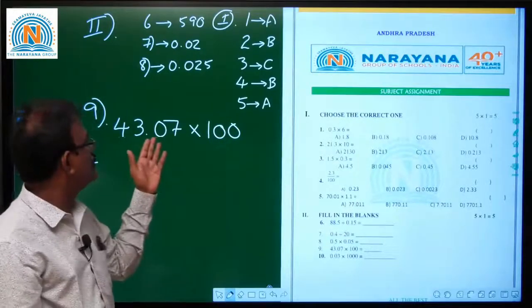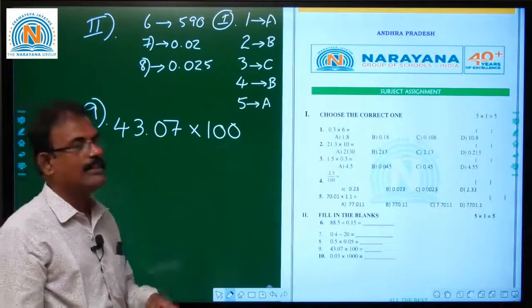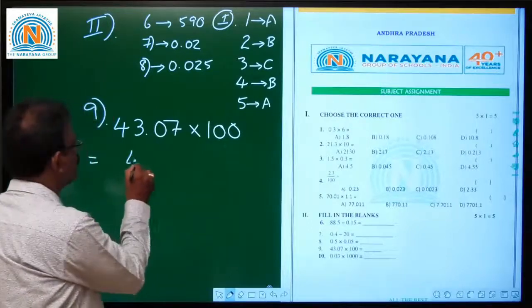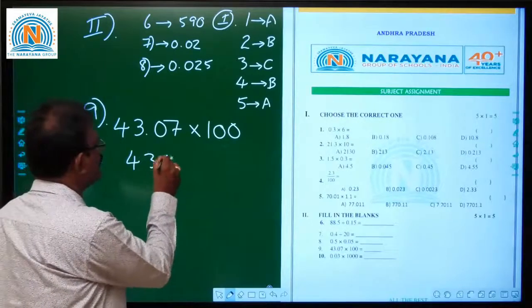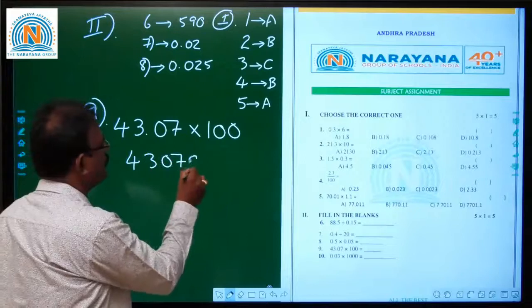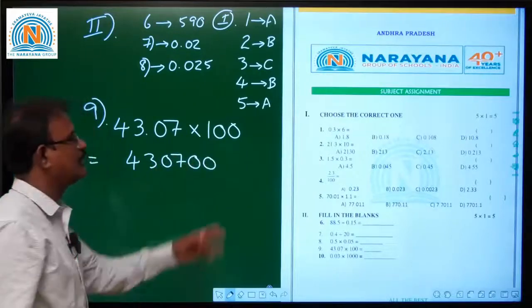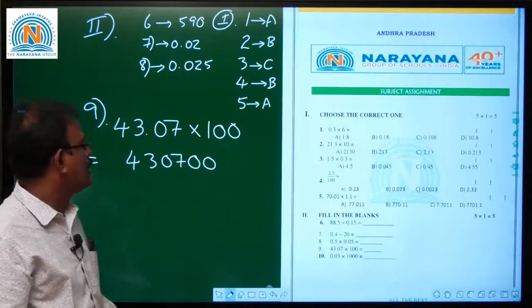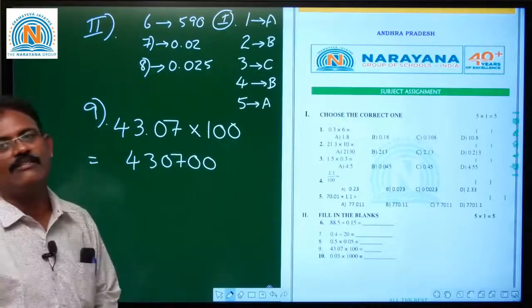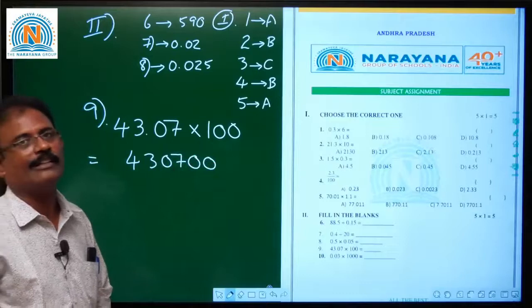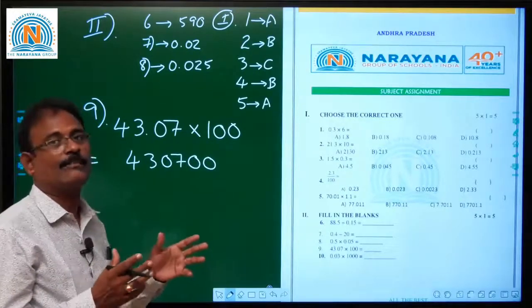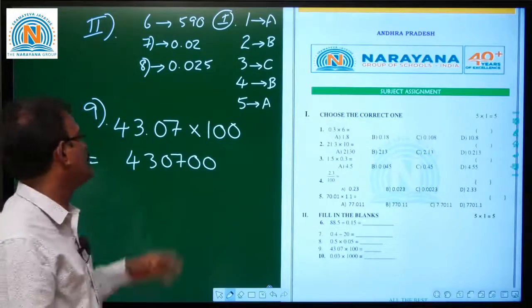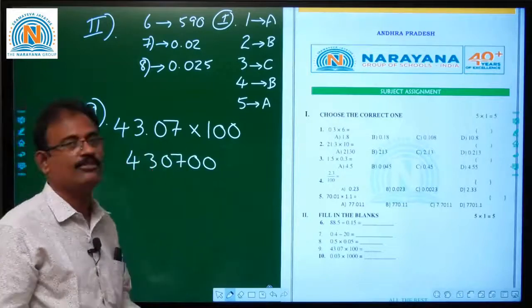It is 4307 into 100. 4307, after that we have 2 zeros, as we have 2 zeros in 100. So this is 4,30,700. When you keep the decimal point aside, this is the product of 4307 into 100.